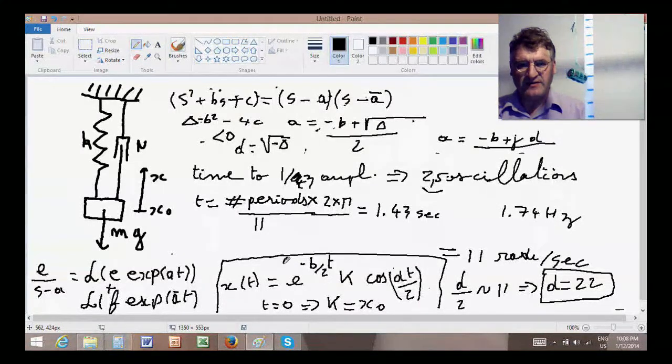How does that relate to this guy that we are still after? Well, you see, we know that at time equal to 1.43, we have e to the minus b over 2 times t must be equal to 1/3.